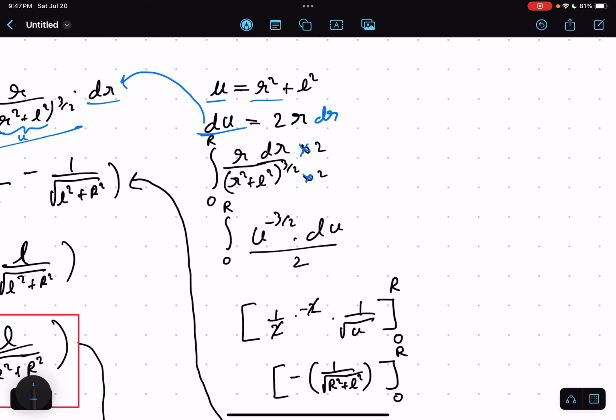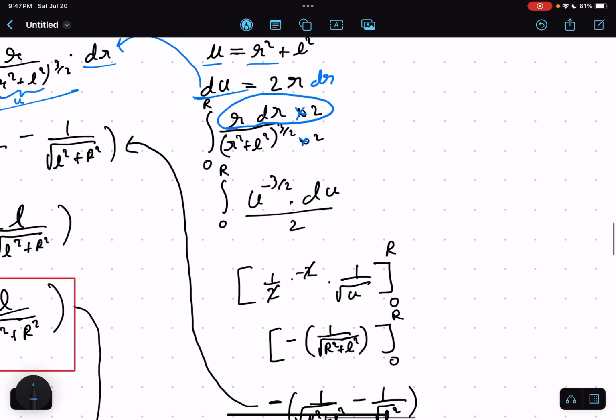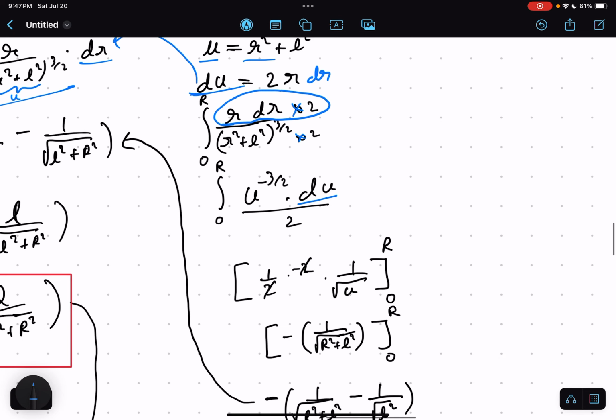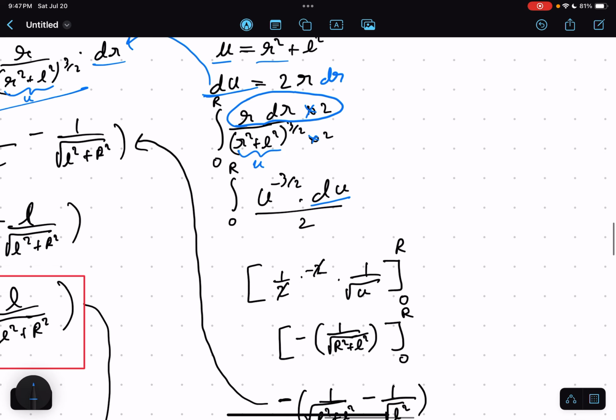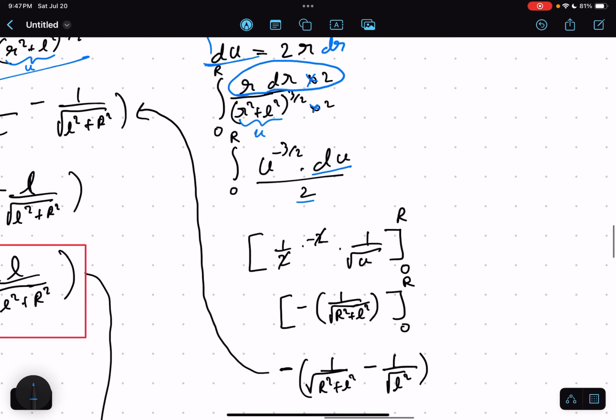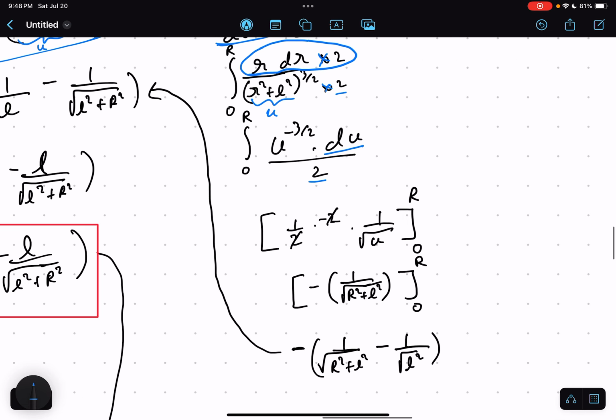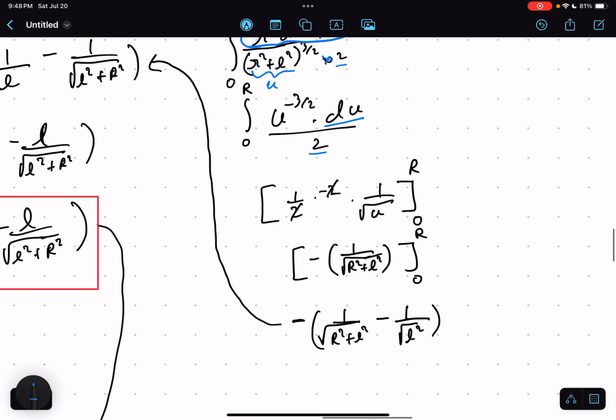I can multiply both the numerator and the denominator by 2. So if I do that, this whole term over here is gonna basically be du, and as you can see, I've put du here, and then this whole term is just gonna be u, and this 2 is just gonna be put right here. You can't really do anything with it right now. So once you integrate it, you add 1 to the numerator, and then you put that in the denominator as well.